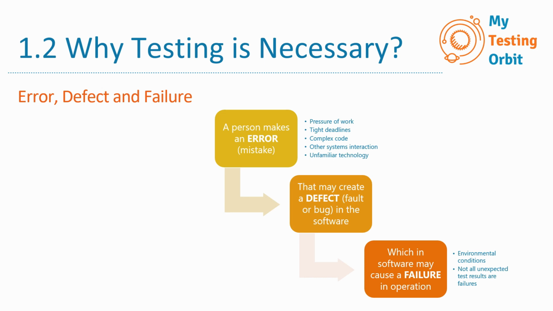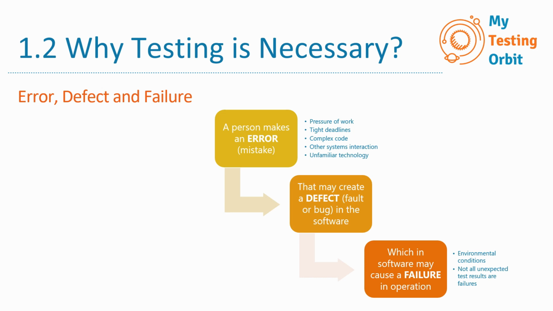An error is a mistake which a person makes. Any mistake made by a person for any reason is known as an error. Why that person makes a mistake can have different reasons.